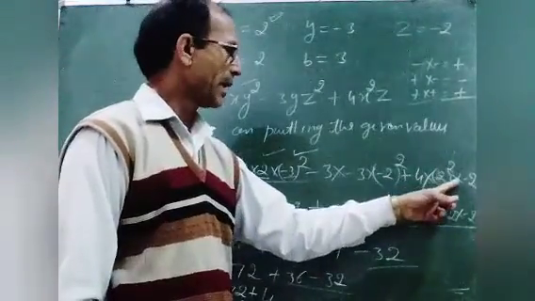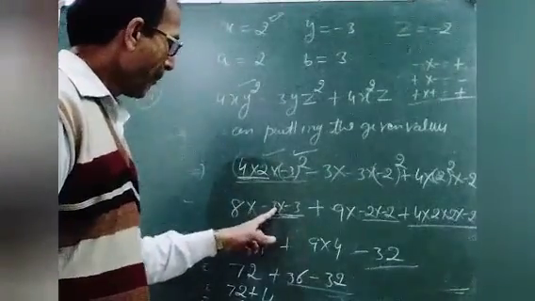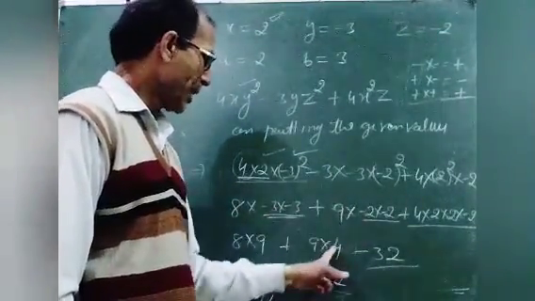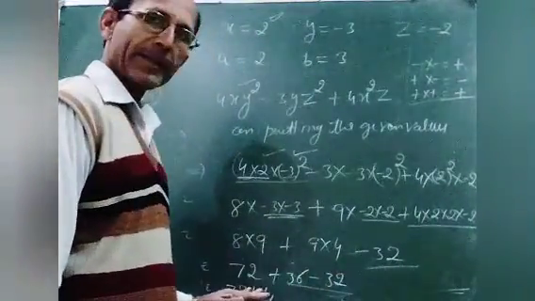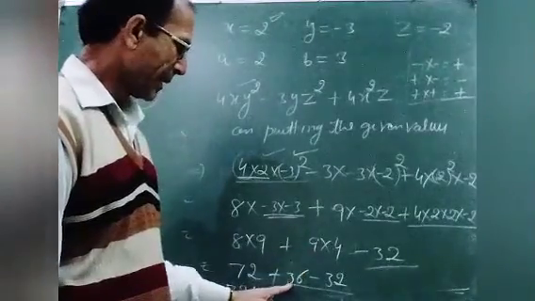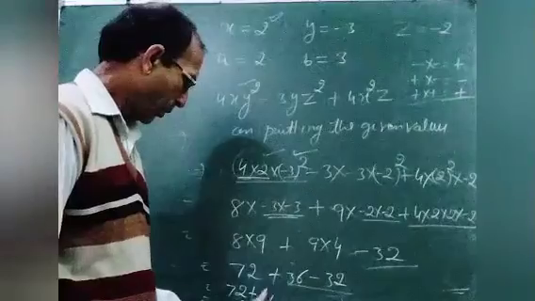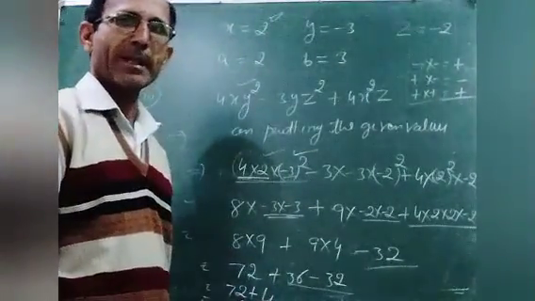Then 4 times 2 square multiplied by minus 2. So 4 2s are 8, minus 3 square means 9, 2 2s are 4, and this will be minus 32. So 9 times 8 is 72, 9 times 4 is 36, minus 32, 36 minus 32 is 4, and 72 is already plus, so 72 plus 4, the answer is 76.